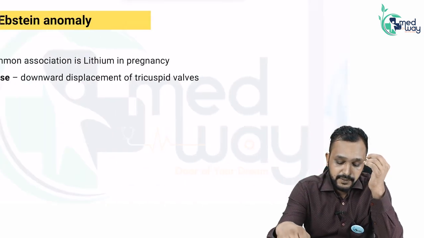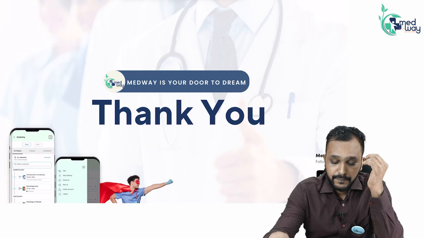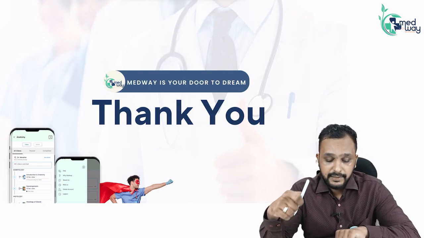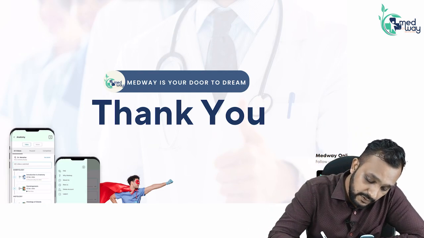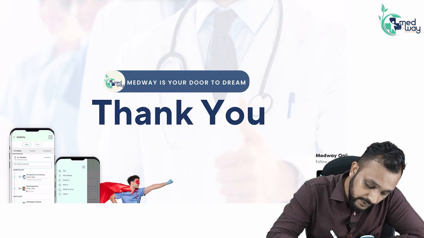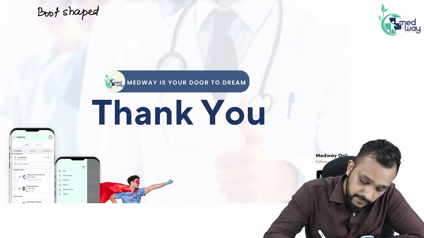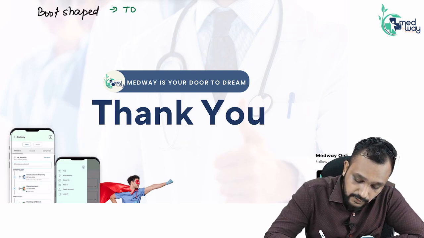So, guys, let me just summarize all the congenital heart diseases and their appearances. So first, most important is the boot-shaped heart. It is seen in patients with tetralogy of Fallot.